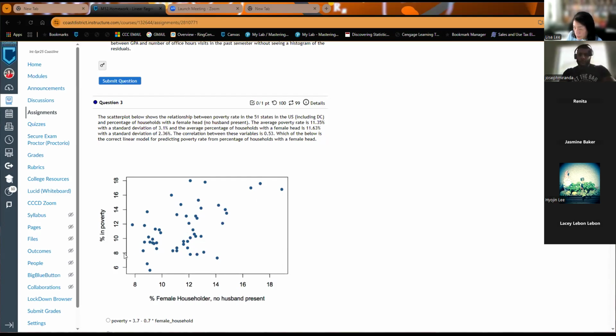And go to the left-hand side, you can see almost a match with 8% in poverty here. So that means 12% of female household with no husband corresponds to almost 8% poverty in that state. Okay, so this shows us all the data from different locations. Scatter plot, that's what we call it.